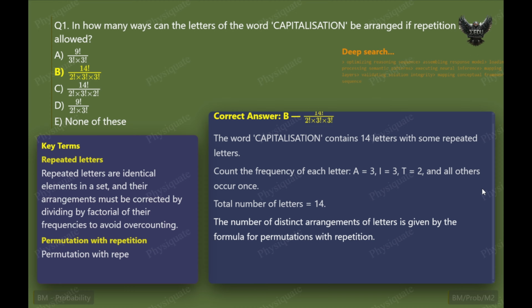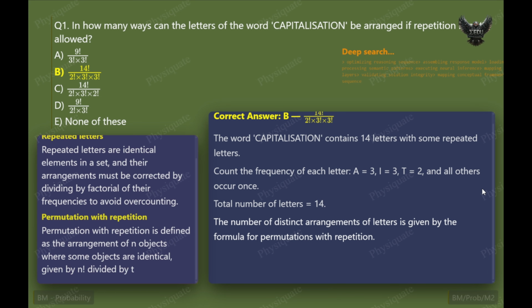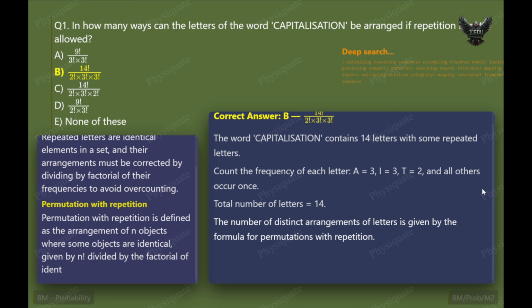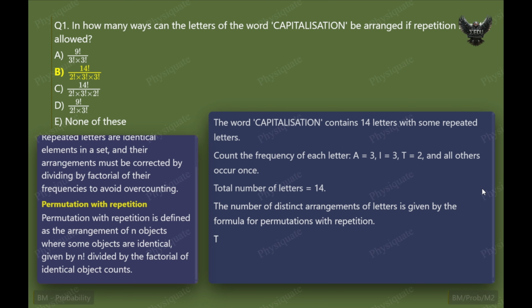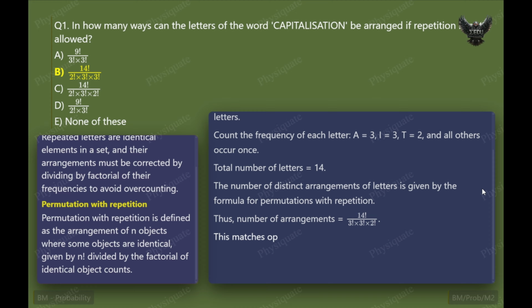Permutation with repetition is defined as the arrangement of n objects where some objects are identical, given by n factorial divided by the factorial of identical object counts. Thus, number of arrangements equals 14 factorial divided by 3 factorial times 3 factorial times 2 factorial. This matches option 2.